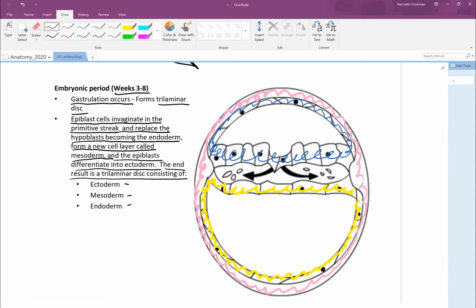So as you can see in this image, we have that epiblast layer. It's actually going to invaginate in, create a little valley, and then as that valley is created, it's going to replace the hypoblast, becoming the endoderm. So it comes in and replaces all of this in yellow and becomes the endoderm.